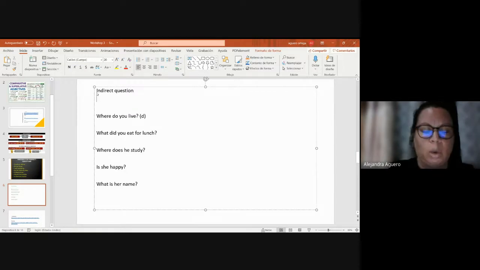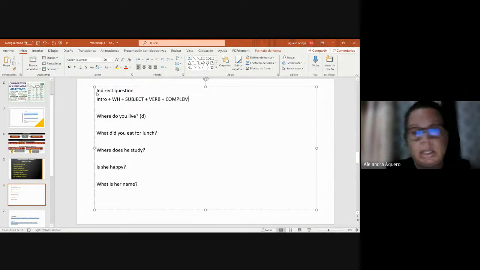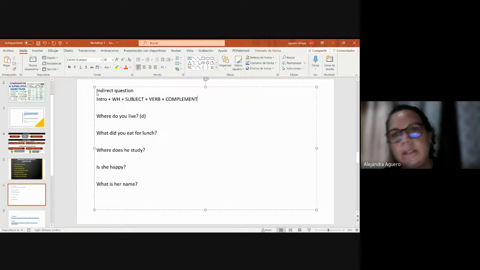Okay, so we are going to make the introduction and then we are saying the indirect question, that is a WH, plus the subject, plus the verb, plus the complement, if we have complement. Sometimes we don't have complement, sometimes we have auxiliaries, and sometimes we only have the verb be.